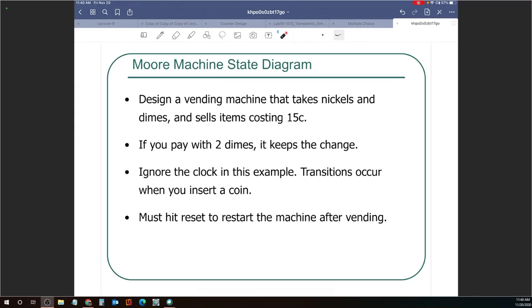So the transitions between the states are happening based on a user input of a coin here. Another assumption that we are going to make with this vending machine is that the user must hit reset to restart the machine after it vends an item.